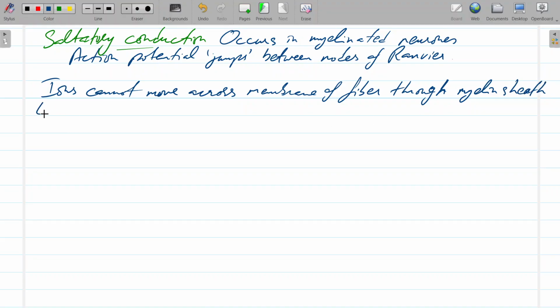And so the depolarization, all of that, can only occur at the nodes where there's no myelin.